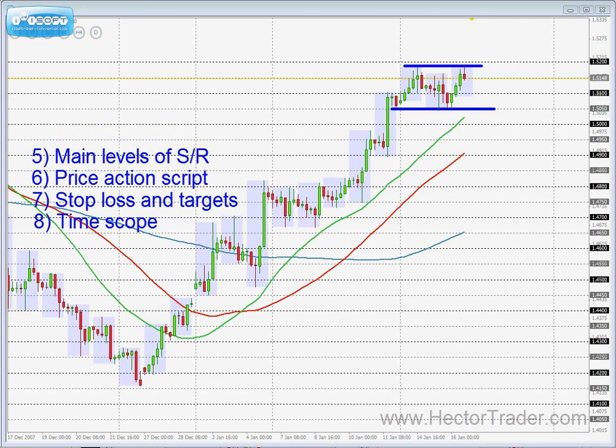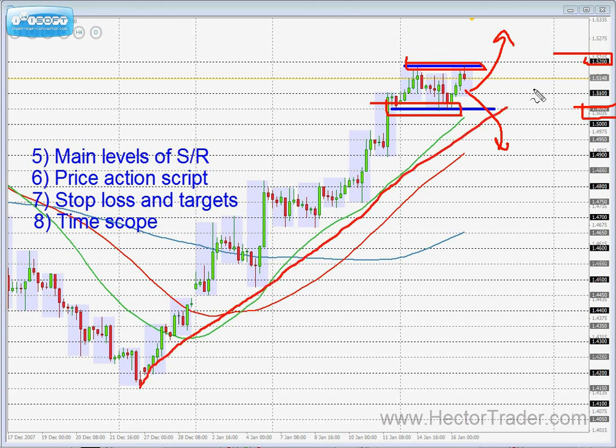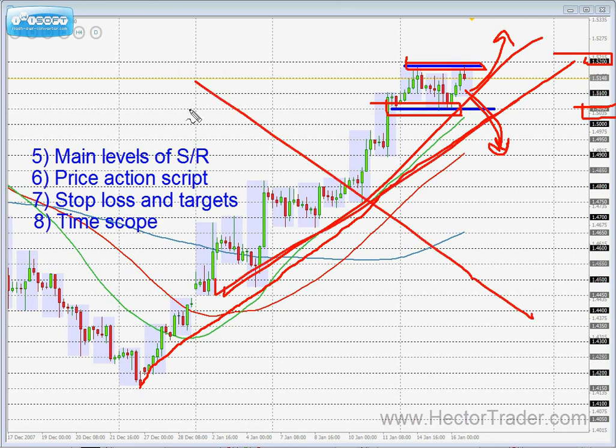In this case, I already mentioned that these were my levels of support, the 150.50, and that was my level of resistance, the 152. Those are the levels I want to keep an eye on, both for a possible breakout in the direction of the main trend in order to search for entries, or if it goes against and breaks my main level of support, both that level and this uptrend, well, the setup is no longer valid, and therefore I will cancel it.